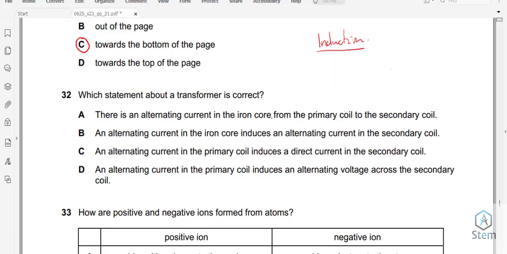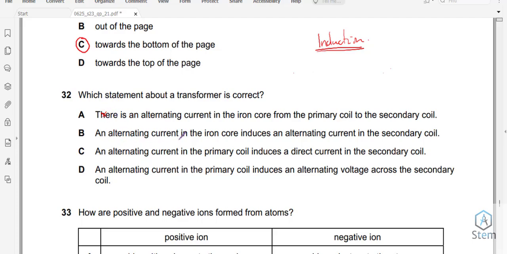So there is no current which actually moves from the primary to the secondary directly through the wire. Energy is going to be transferred from primary to secondary through electromagnetic induction. So this is not correct.